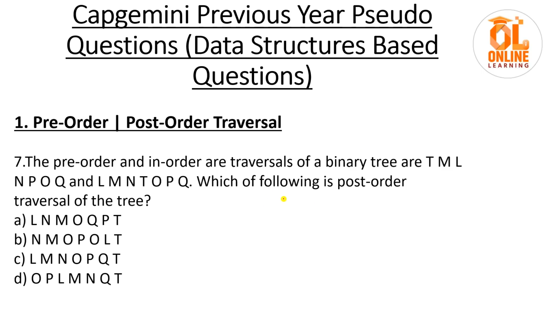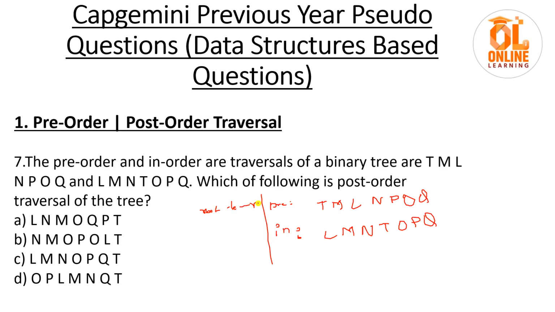The given pre-order sequence is T M L N P O Q, and the in-order is L M N T O P Q. Pre-order means root, left, right. In-order means left, root, and right. So T will be the root here as per the pre-order.